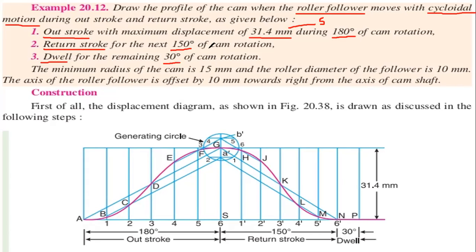In the previous problems, we have taken four sections. In this problem also, they have given four sections. First one is the outstroke, next one is the dwell period, third one is the return stroke, and last one is the dwell period.